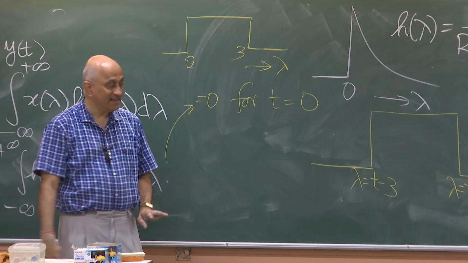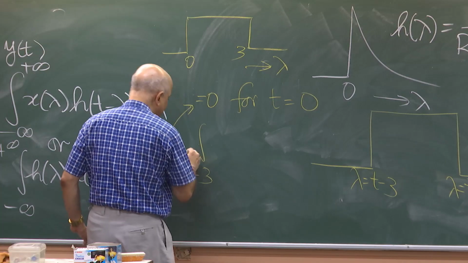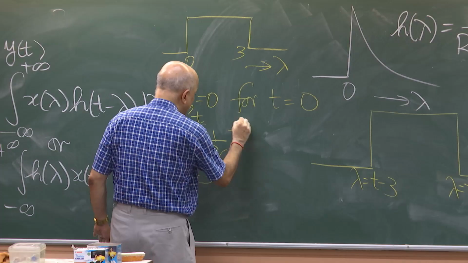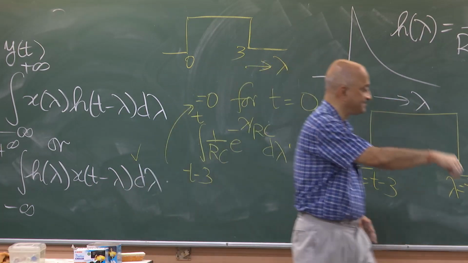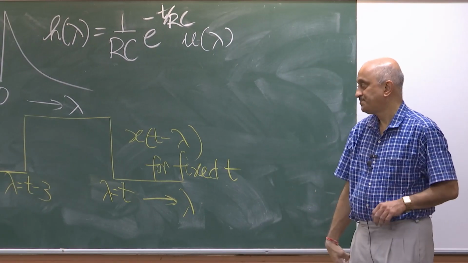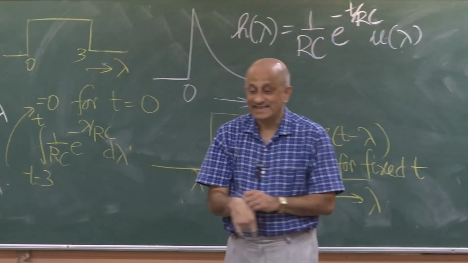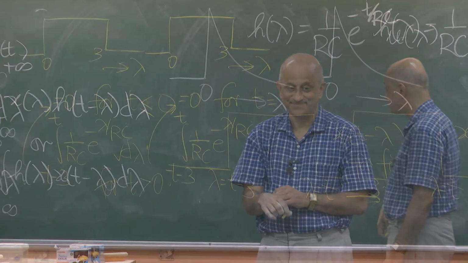And for t greater than 0, how much is the integral? The integral is from t minus 3 to t of 1 by RC e raised to the power minus lambda by RC d lambda, isn't it? Now please evaluate this. And then we'll see that we could have arrived at the same answer by a different route.